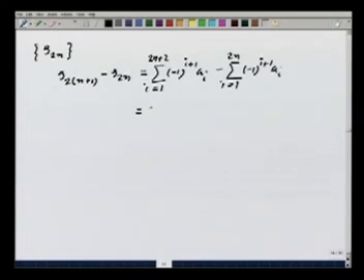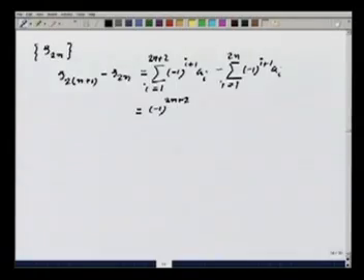What remains is minus 1 to the power 2n+2 a_{2n+1}, then the next term plus minus 1 to the power 2n+3 a_{2n+2}.